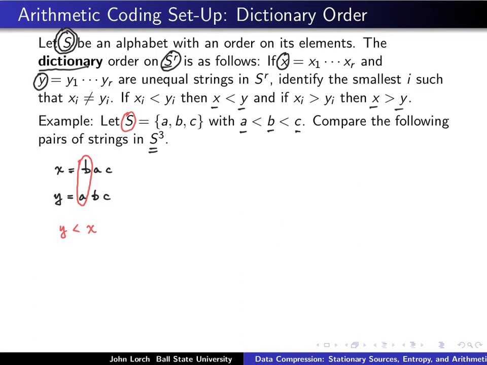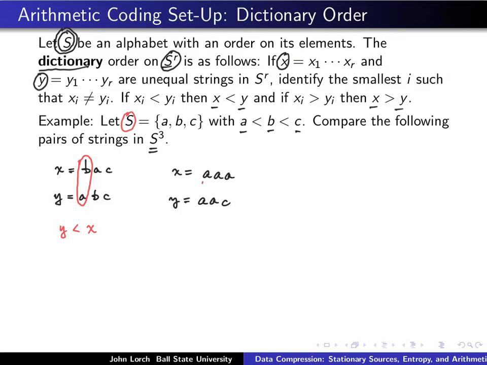Okay, well, let's try a couple more. So how about if X is equal to AAA and Y is equal to AAC? Well, we start from the left and we look for the first place where they differ.